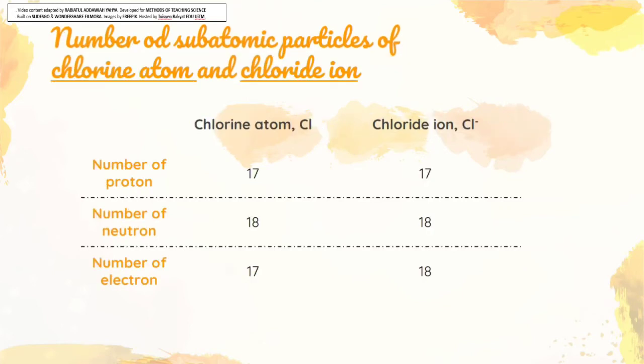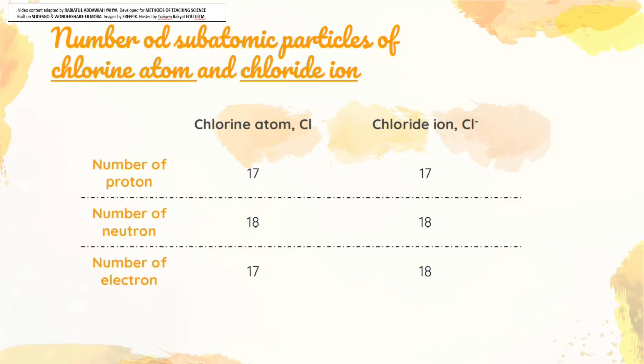The table shows the comparison among the number of protons, neutrons, and electrons when a chlorine atom accepts an electron to form a chloride ion. What are the changes in the number of proton, neutron, and electron? You can see in the table. A chlorine atom accepts one electron to form a chloride ion. Thus, a chloride ion has one electron more than a chlorine atom.